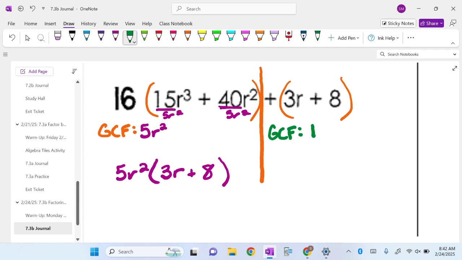So if you ever don't have a GCF, the GCF is 1. Do not leave it out. So we would rewrite this as 1 times 3r plus 8, because anything divided by 1 is just itself. But we still need to have a written down GCF.